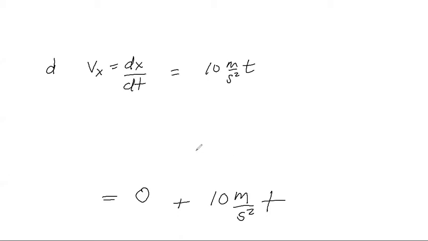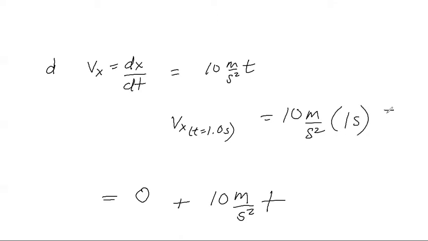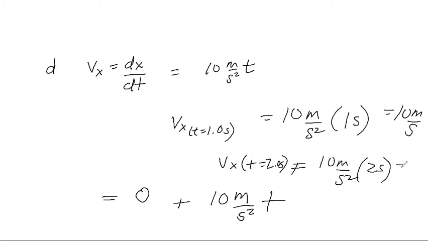At t equals 1.0 seconds, we'll get 10 meters per second squared times 1 second. That's going to give us 10 meters per second, exactly what we found in part C. And then v sub x at t equals 2.0 seconds is going to equal 10 meters per second squared times 2 seconds, and we will get 20 meters per second.